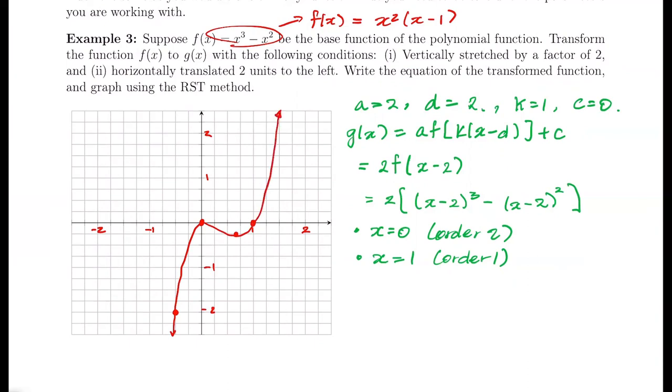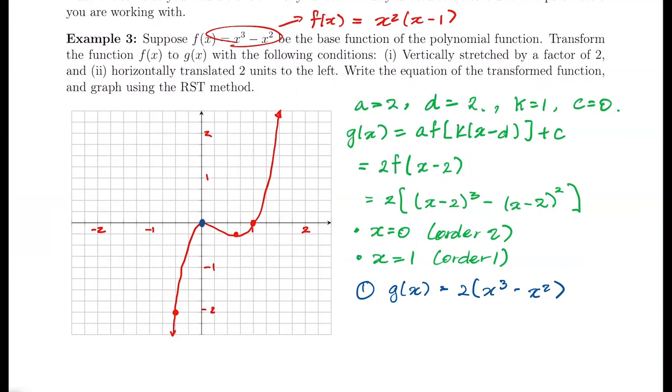All right, so now let's apply the stretches first, which I'll do in blue. So the first graph, we're going to have g of x to be 2 times x cubed minus x squared. So that means every y value of the base function is now going to be multiplied by 2.